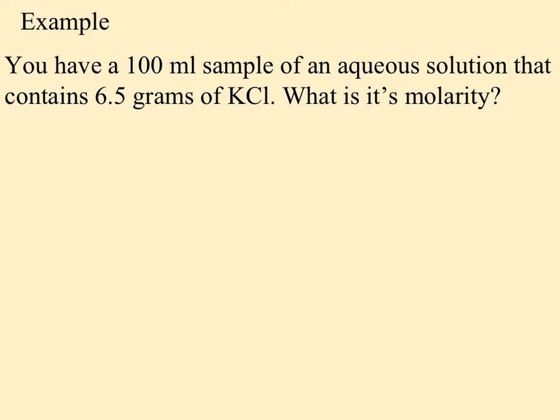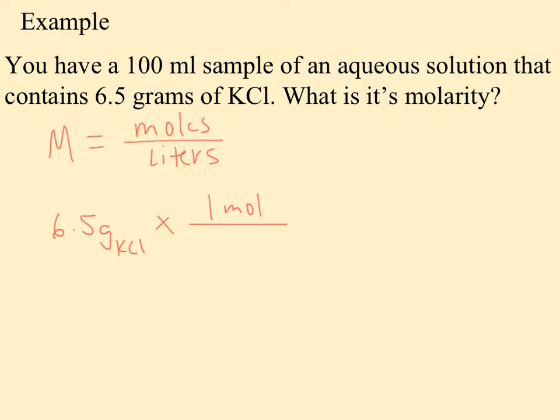So my 6.5 grams of HCl, I need to change that to moles. So if I look HCl up, I should be able to find the molar mass for HCl. So using my periodic table, I see that potassium's 39.1, chlorine's 35.45. So this has a molar mass of 74.55 grams.